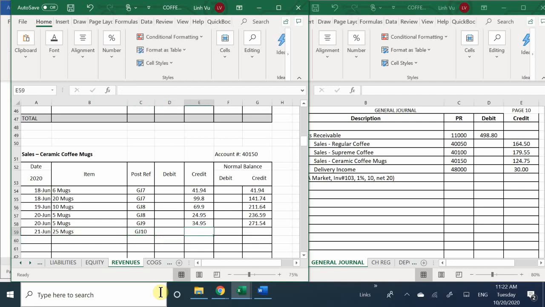And how much was those coffee mugs? 124.75. Bringing my new total to be 396.29. Good.